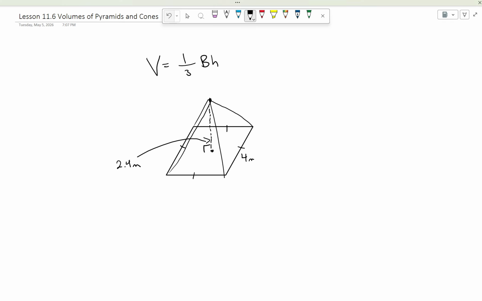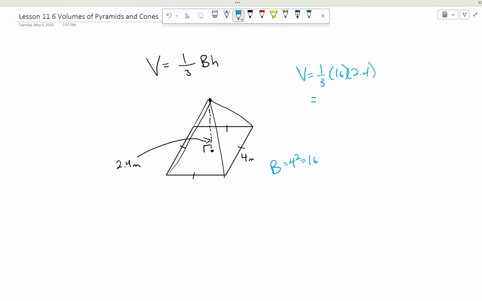So, the volume. Let's do it. It's equal to 1/3 capital B. And B, in this case, it's a square. So, it's going to be equal to 4 squared, right? Side times side, which is 16. So, 1/3 of 16 times 2.4.